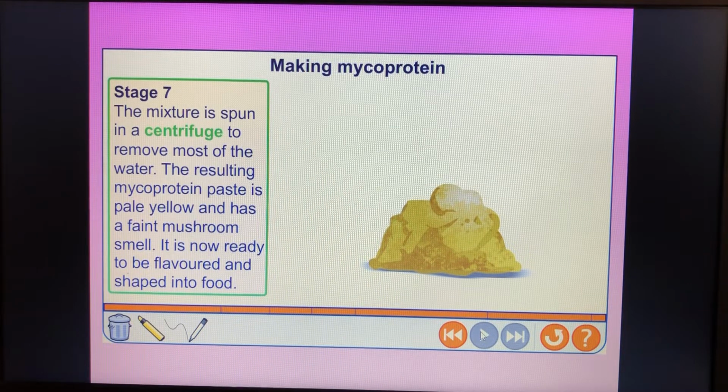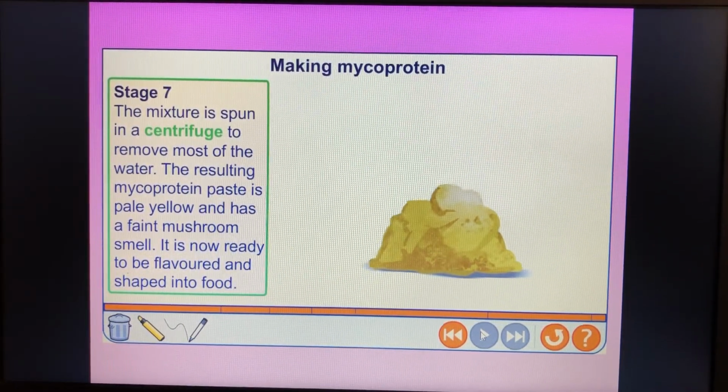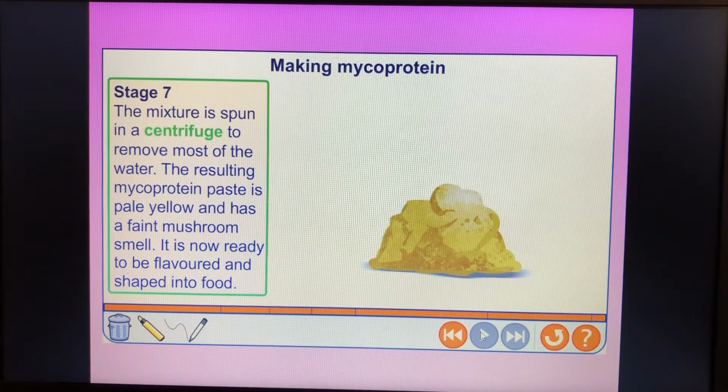They put these tubes into this spinning machine at an angle, and it spins really fast, and all of the dense material goes to the bottom and the less dense material goes to the top. And what that does is it stops it being just this kind of broth, and it turns it into a paste, because you can just drain off the liquid off the top.